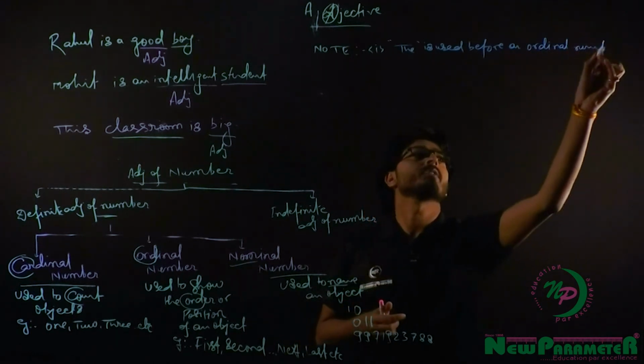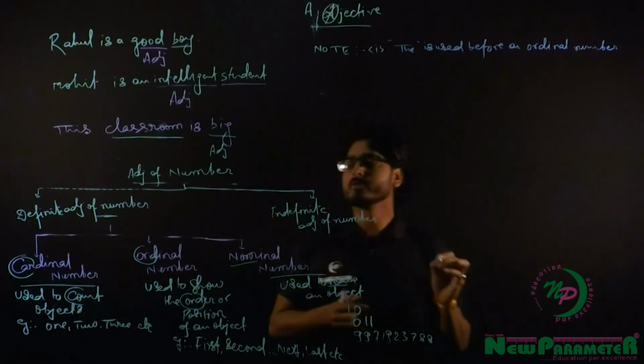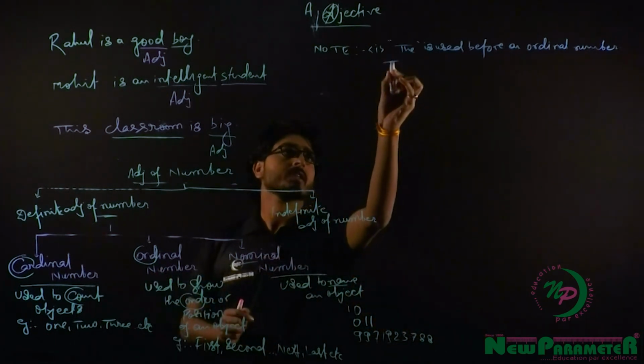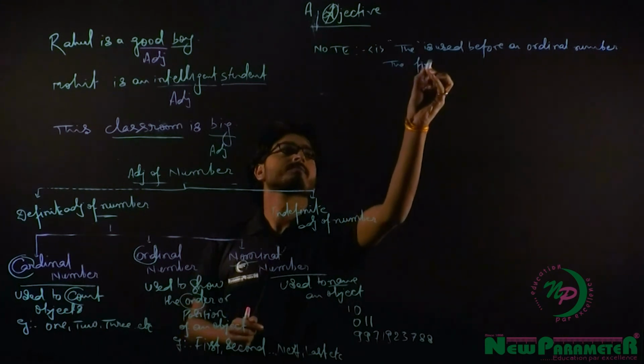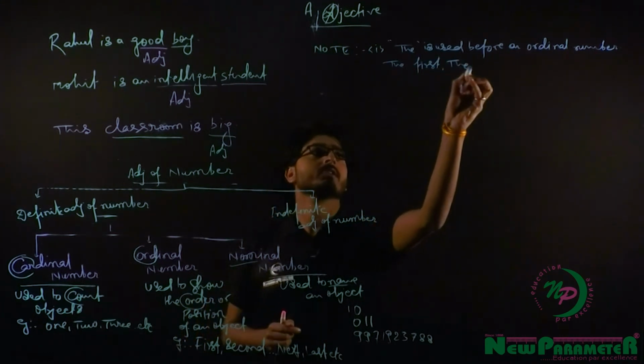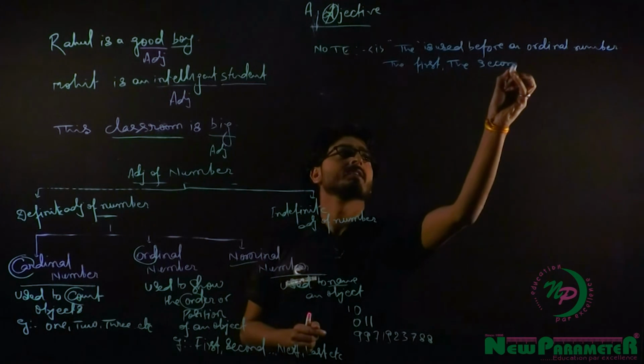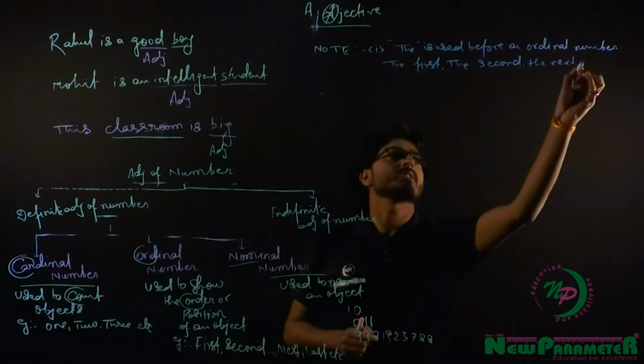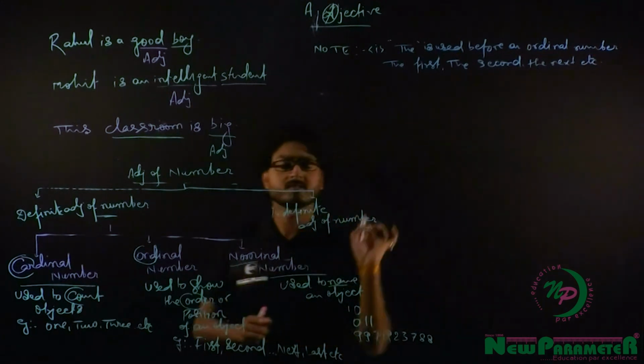You have to keep it in your mind. Whenever we use any ordinal number, we have to use the article the before it. For example, the first, the second, the next, etc. This one is important.